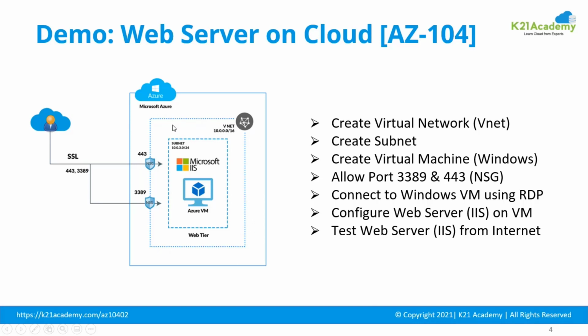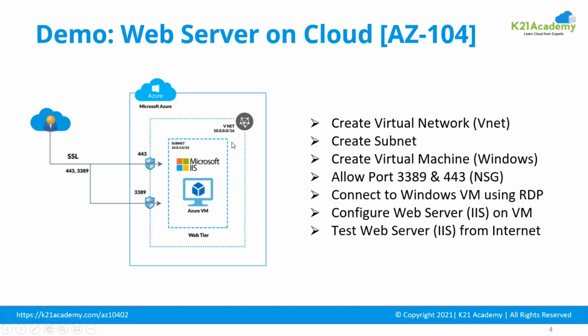And that network is then further broken down into smaller parts we call subnets. A subnet is always a subset of my virtual network. So I'll be creating a subnet inside that, with CIDR /24, meaning the first three octets, 10.0.3, are going to be static, and within this subnet I can use from 0 to 255, so 256 IPs are available for me.